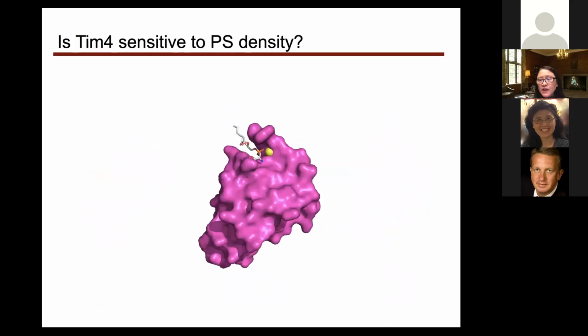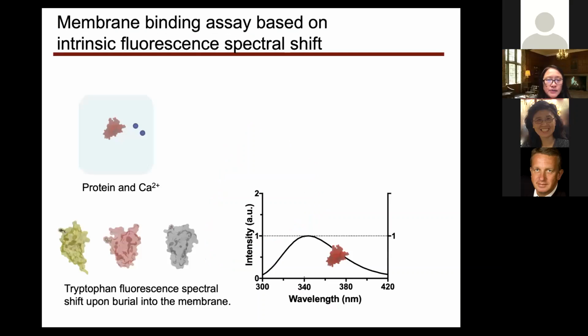In the interest of time, I'm not going to go through the biology, but I want to show the methodology for how we look at this type of peripheral binding protein interaction. Again, this doesn't have the full penetration of a transmembrane protein into the system.